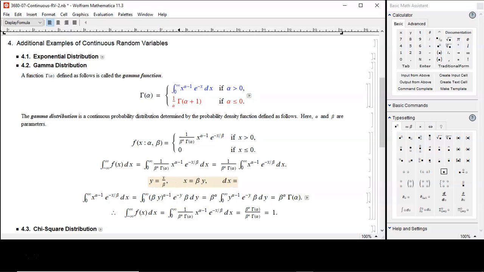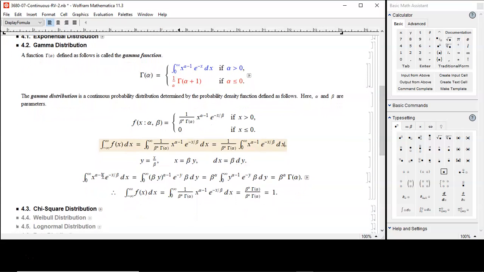So dx is equal to beta times dy. And then put that over here in this integral. Then x to the alpha minus 1 is beta y times alpha minus 1 power. And exponential becomes e to the negative y. And dx becomes beta times dy.